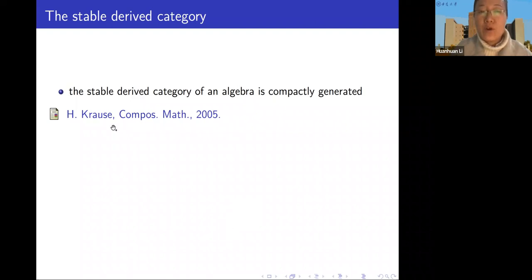Krause studied the stable derived category of an algebra, but here I will not give the definition of the stable derived category. It's just some triangulated category, and it's compactly generated.